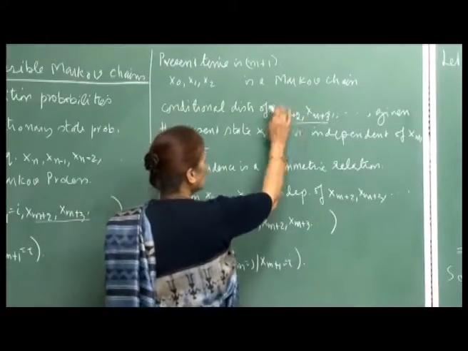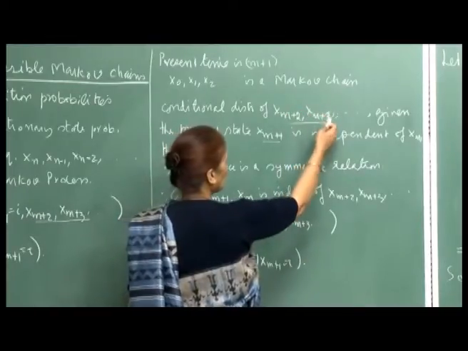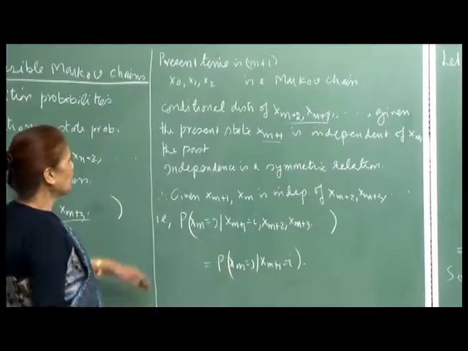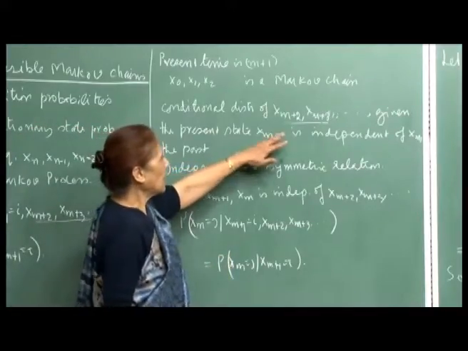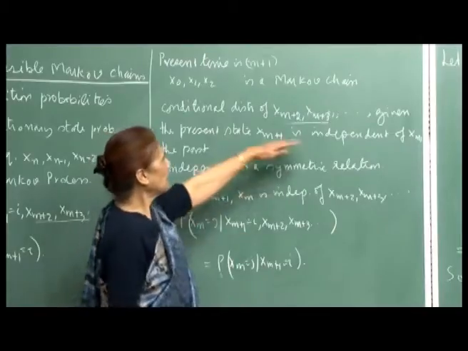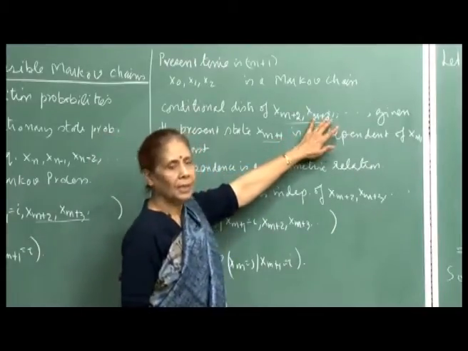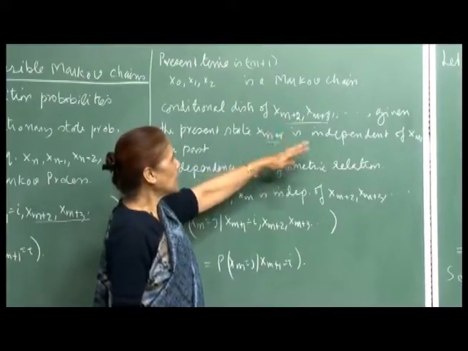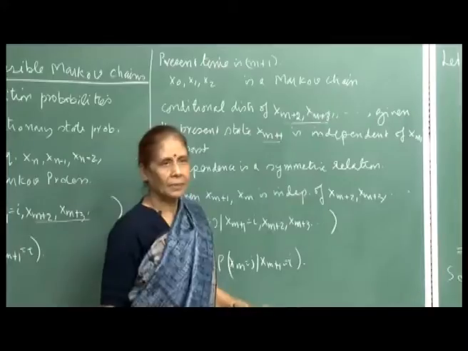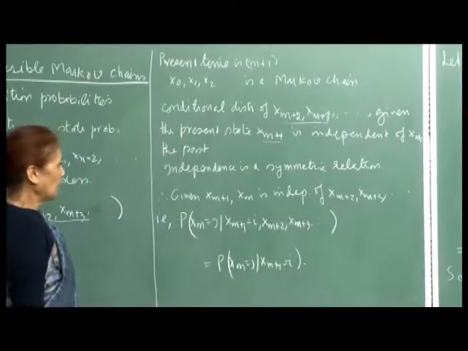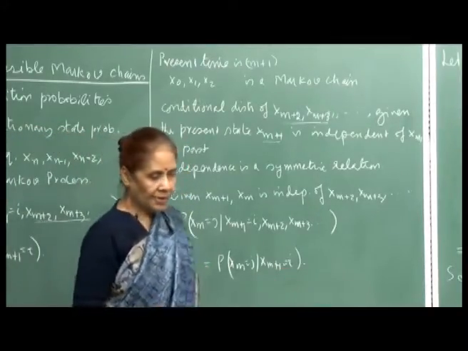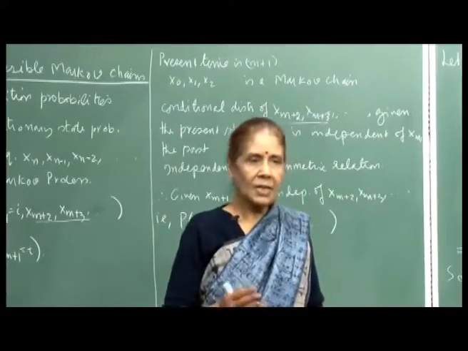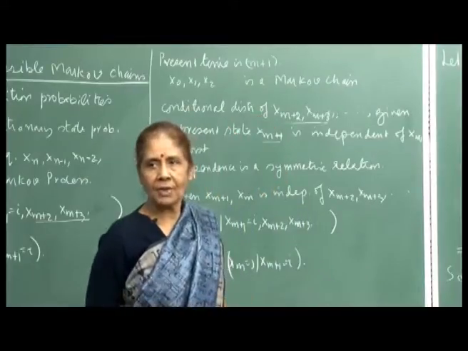So, the conditional distribution of x m plus 2 depends on the present state, which is x m plus 1, and is independent of x m. Similarly, the conditional distribution of x m plus 3 depends on the state occupied at time m plus 2, and so it is independent of x m plus 1 and x m, and so on. Now, we know that independence is a symmetric relation. If you say that x i and x j are independent, that means x j and x i are also independent. So, it is a symmetric relationship.